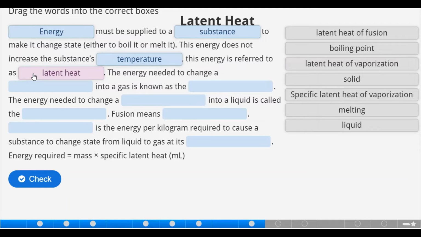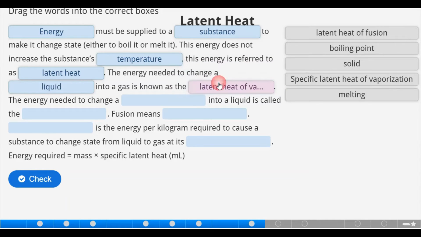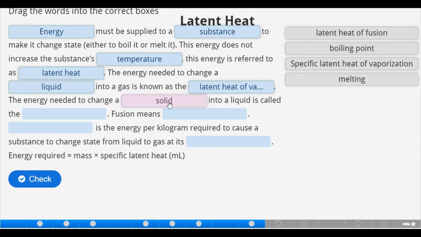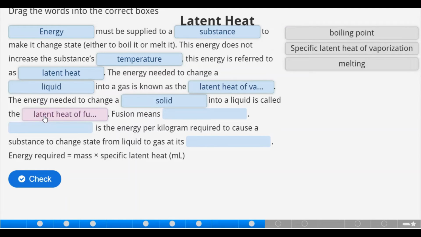The energy needed to change a liquid into a gas is known as latent heat of vaporization. The energy needed to change a solid into a liquid is called the latent heat of fusion. Fusion means melting.